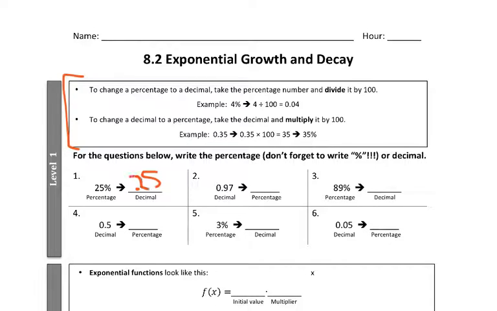You don't have to write the 0 before the decimal, but you can. Number 2, convert the decimal to a percentage: 0.97 times 100 is 97%.